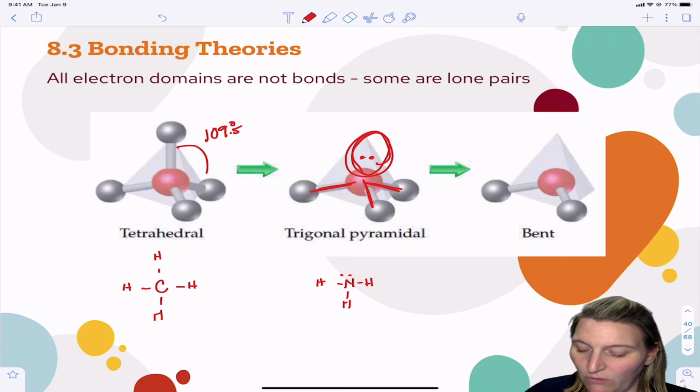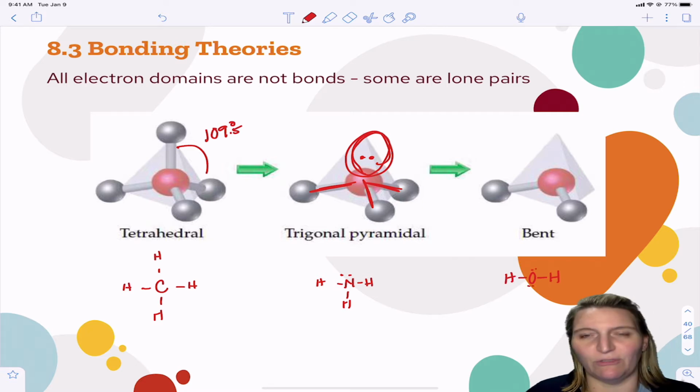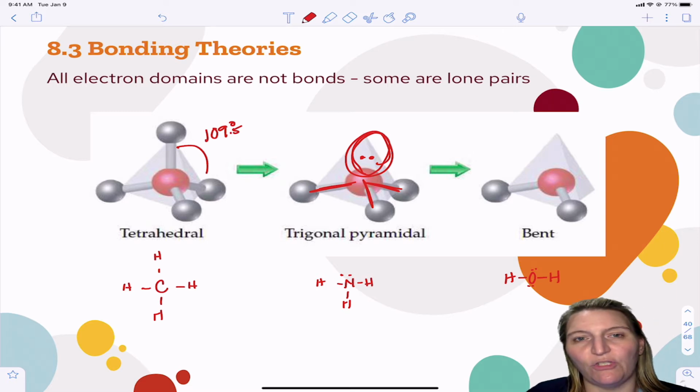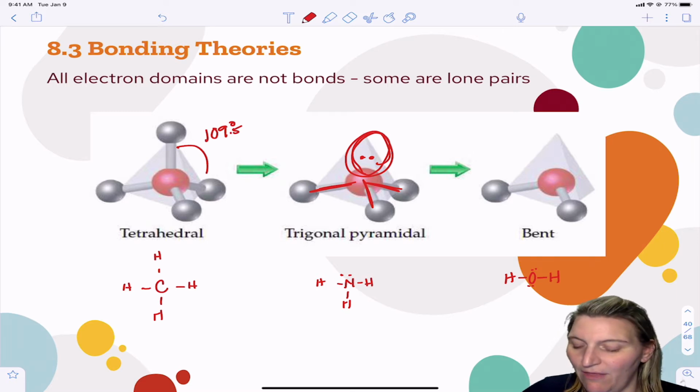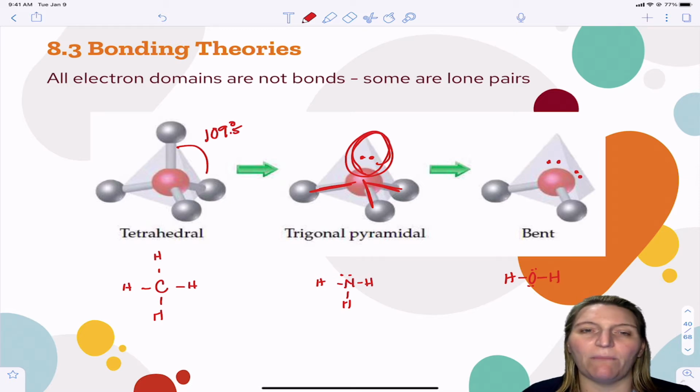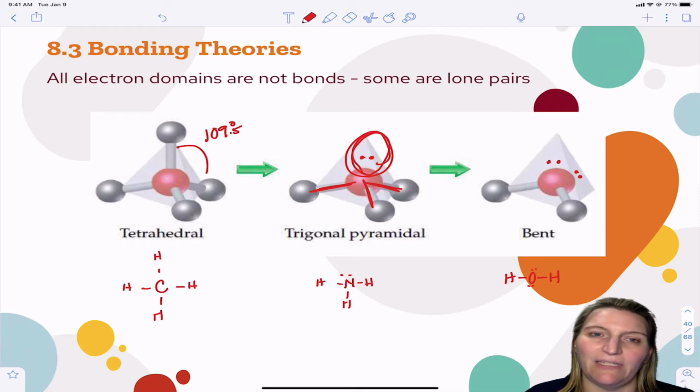In a bent molecule such as water, and we'll go over the names, like how did I know it was called bent? That's what we're doing next. You can see that there's 4 electron domains, but 2 of them are lone pairs. That doesn't matter. The 4 still separate as far apart as possible, like in the tetrahedron.